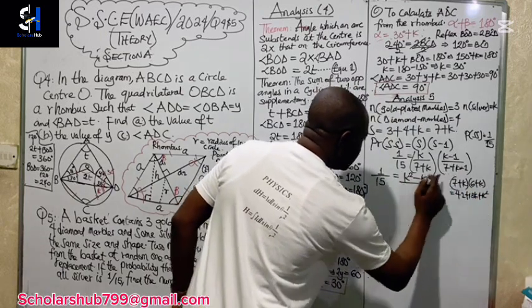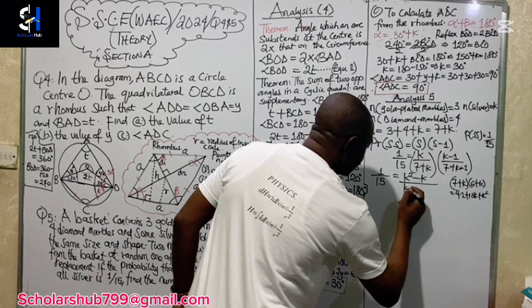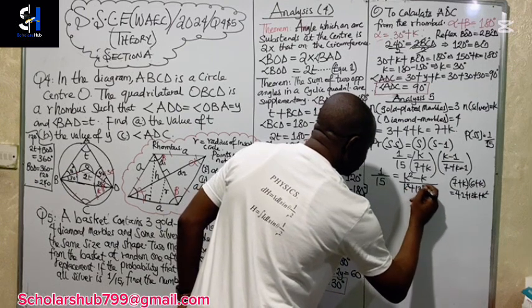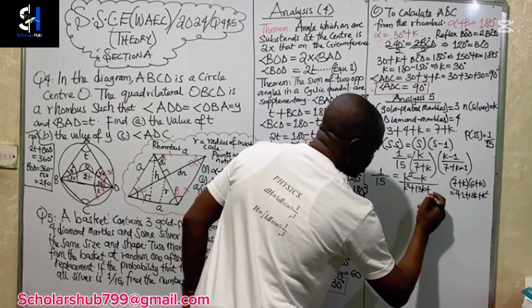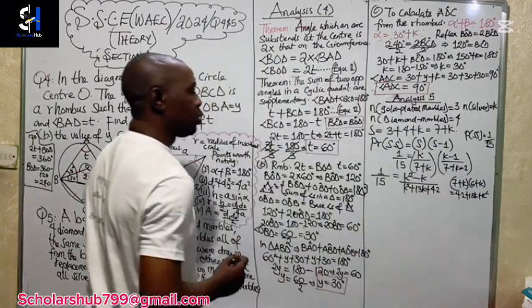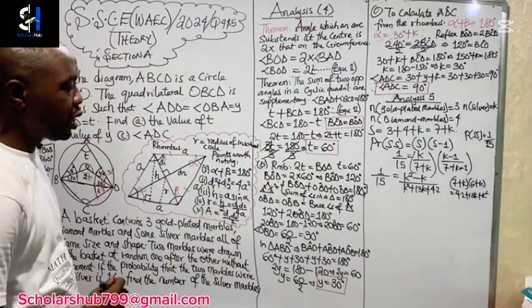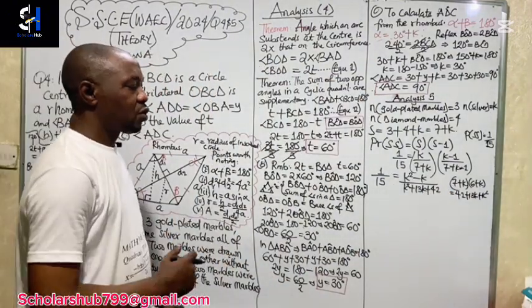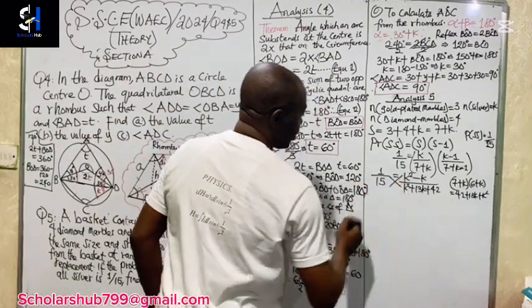So this is K squared plus 13K plus 42. All right, so now we can cross multiply.